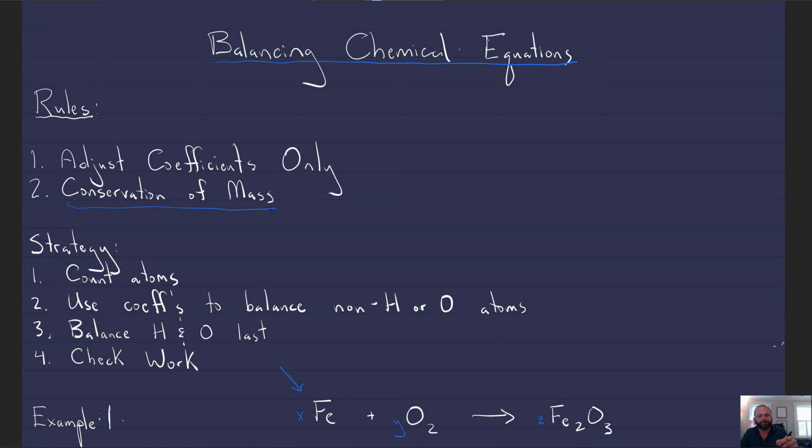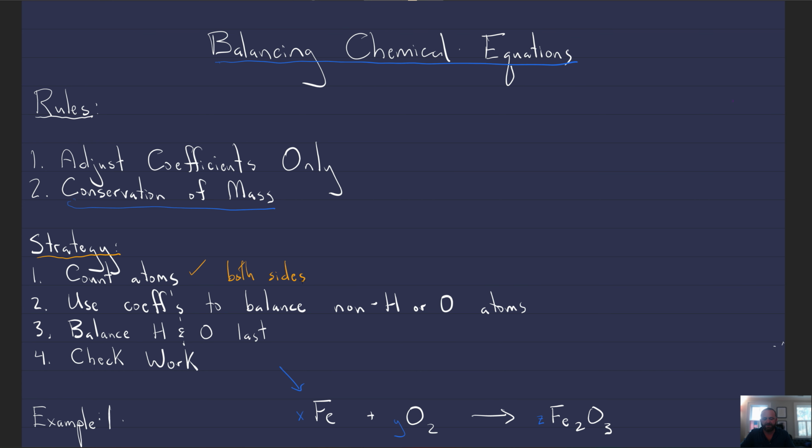As far as our strategy is concerned, count the atoms, and I'll show you how I organize it. You can come up with your own method. You count the atoms on both sides, and you compare them. You see what needs to be adjusted.